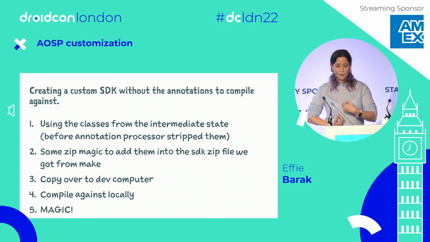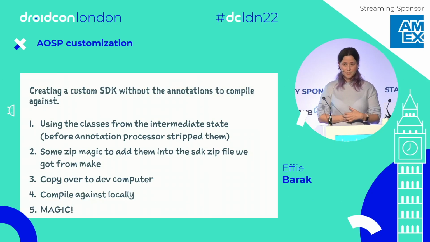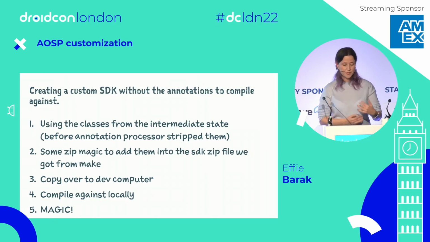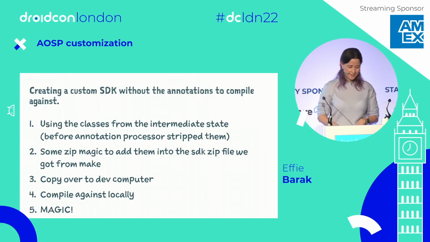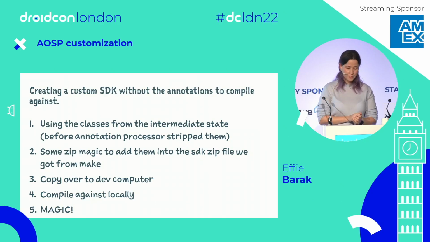So if we go into our own AOSP build and look into all the intermediate classes that were built before this annotation processing happened, we can just take those. We take those with some zip magic, create an SDK that is our cheating SDK, move that to our dev computer, and compile against that locally. And then we get our magic.